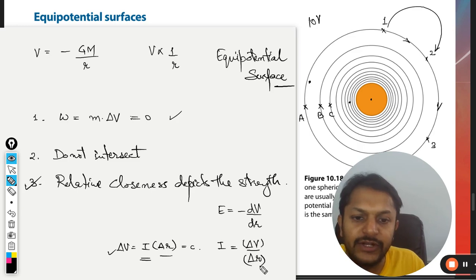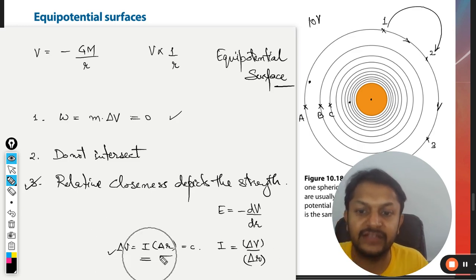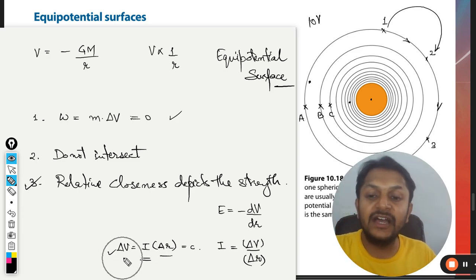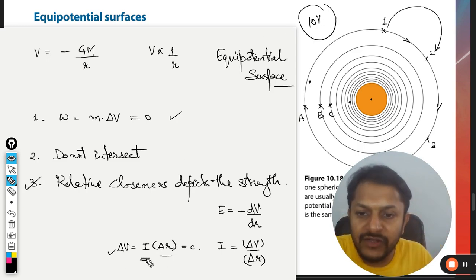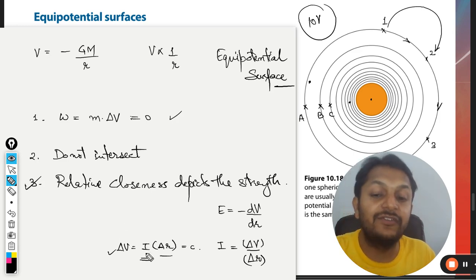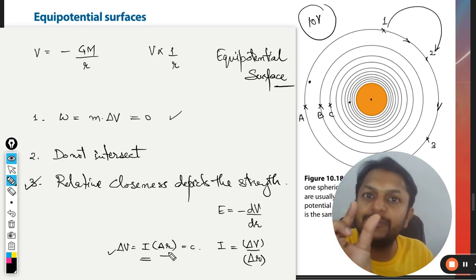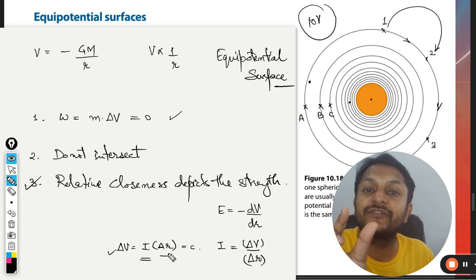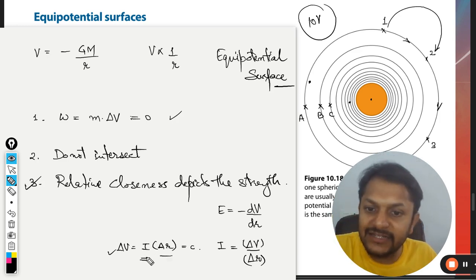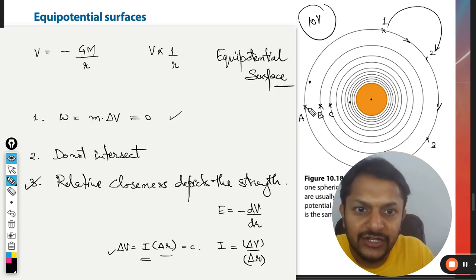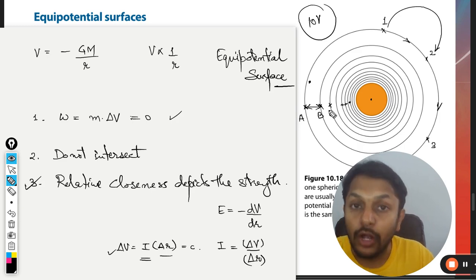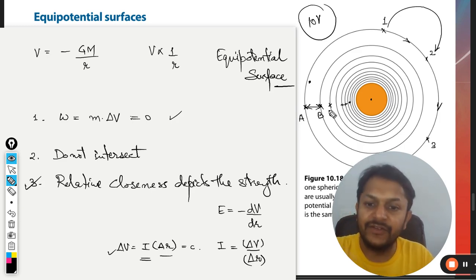I is equal to delta V by delta R. Delta V is written as I into delta R. Delta V we are keeping constant, assuming it to be 10 volt every time, which clearly means that where the gravitational field strength is more, the distance between the two equipotential surfaces will be lesser. The lesser the value of I, the more will be delta R. So this distance becomes bigger and this distance becomes very small. That is a very important point that we have to understand.